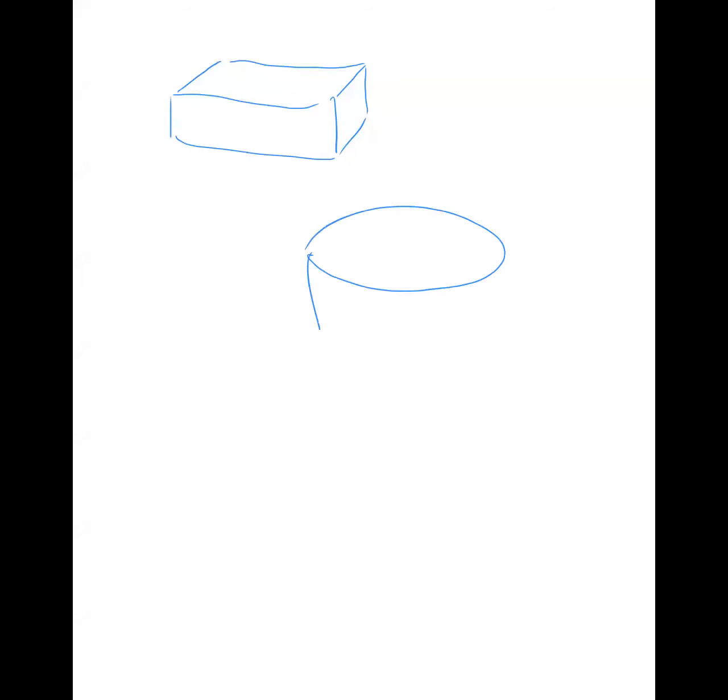Now, the thing about this work is that it depends on how you move from A to B. I could move from A to B like this. I could first increase my volume by keeping my pressure constant until I have this desired volume.